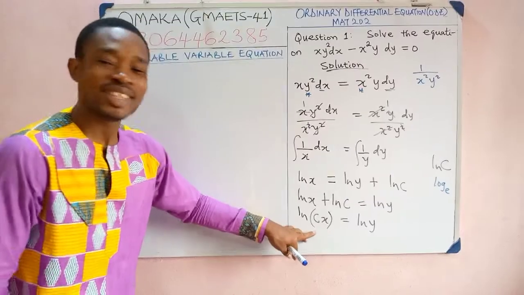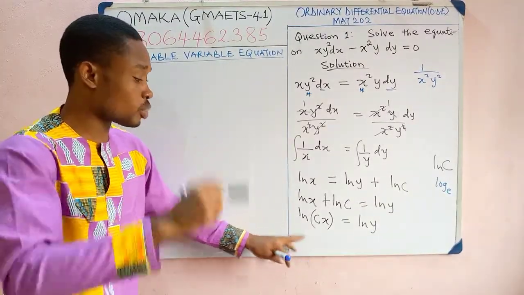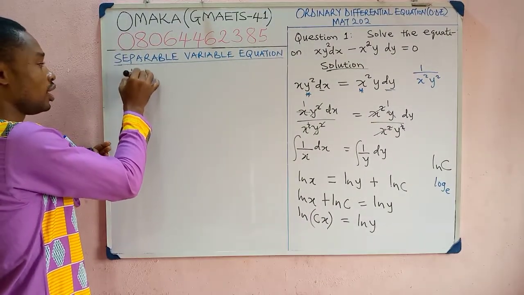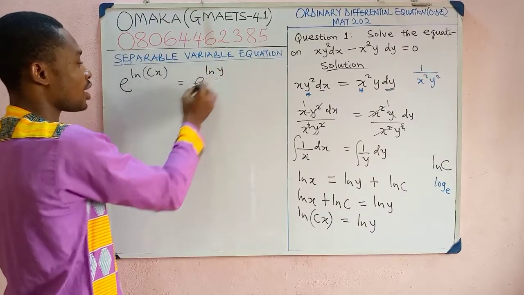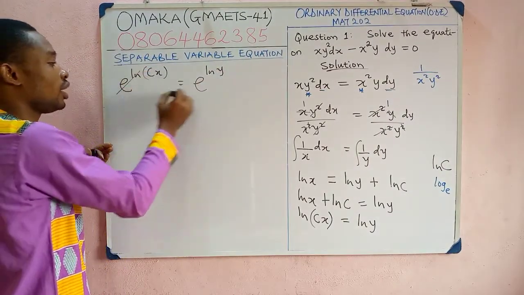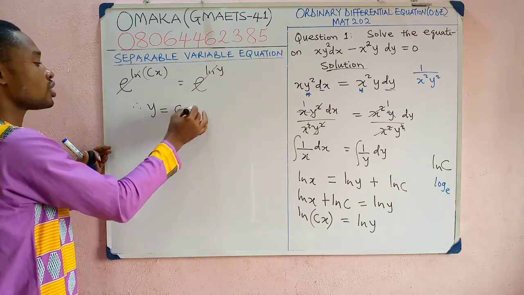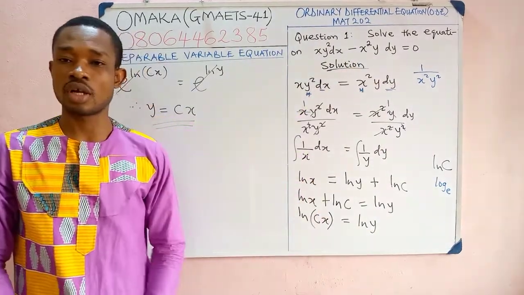At this point, take exponential of both sides. The essence of taking exponential is to remove this ln. So we're going to have exponential of ln cx equal to exponential of ln y. What does exponential do to ln? It clears it off. Therefore, y is equal to cx. And this is the solution of this ordinary differential equation.